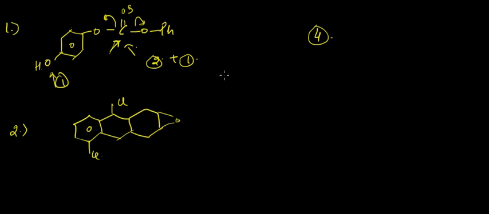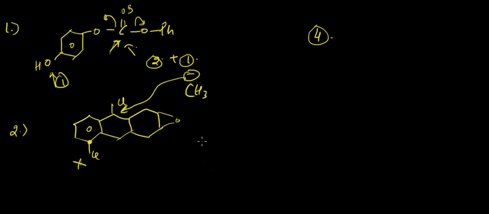CH3 minus can be used as a nucleophile in this case, to substitute this Cl. Obviously this cannot be used here because of the formation of a highly unstable aryl cation.